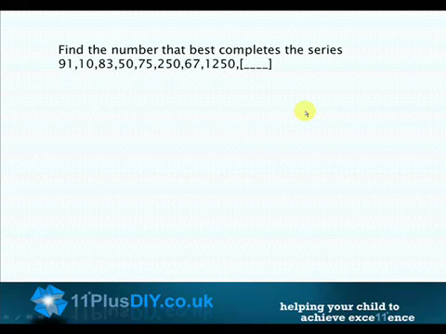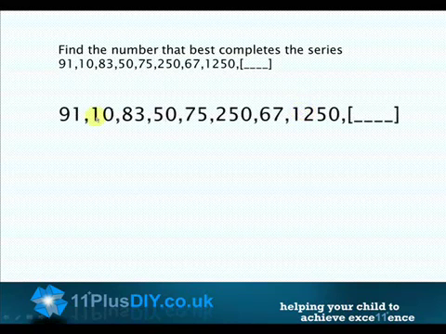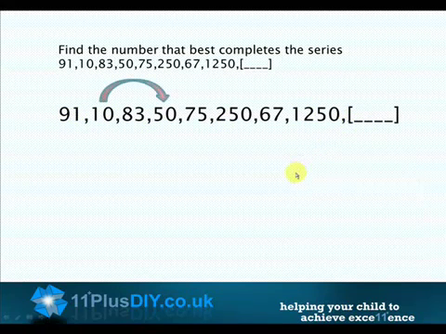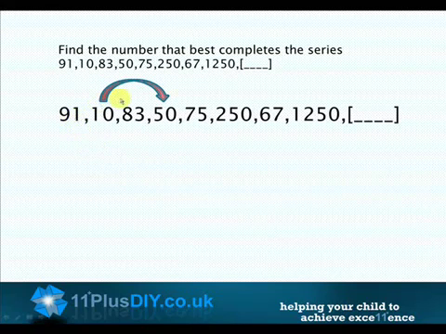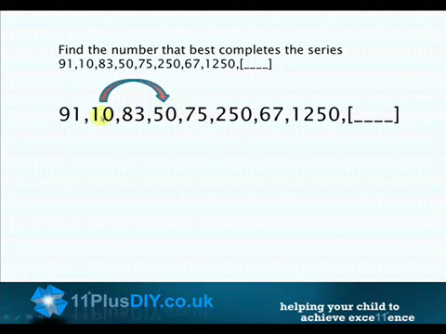Let's have a look at this in more detail. Here we have the numbers going across the screen. What we should try and look for is an alternating pattern. Maybe there's a relationship between every other number. So is there a pattern forming between 10 and 50, 50 and 250, 250 and 1250?